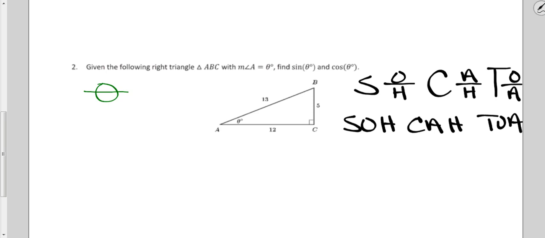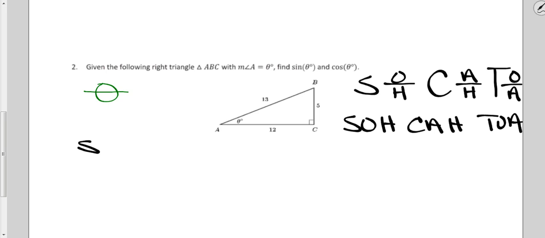Now, here's the trick. None of these will work unless you have a right triangle. Okay? You need a right triangle. So to find the sine of theta, what's sine of theta going to be? It's going to be opposite over hypotenuse.